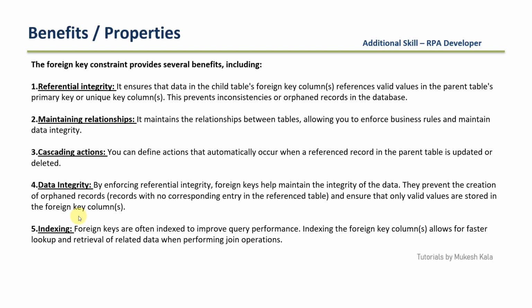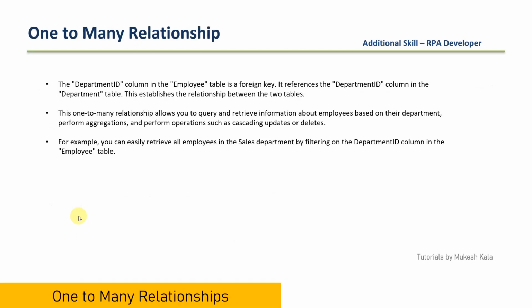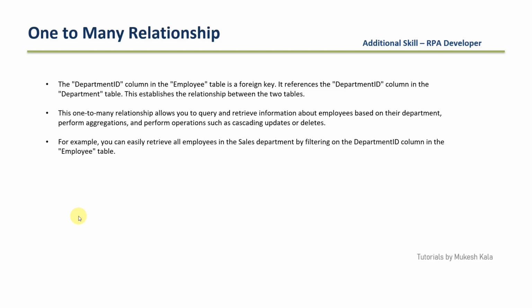Okay, let's move forward. During the presentation, I talked about one-to-many relationships. To take this as an example, we had a department table and an employee table. One department can have multiple employees. I see that I have a sales department and it has 5 employees. I have an HR department, it has 10 employees.